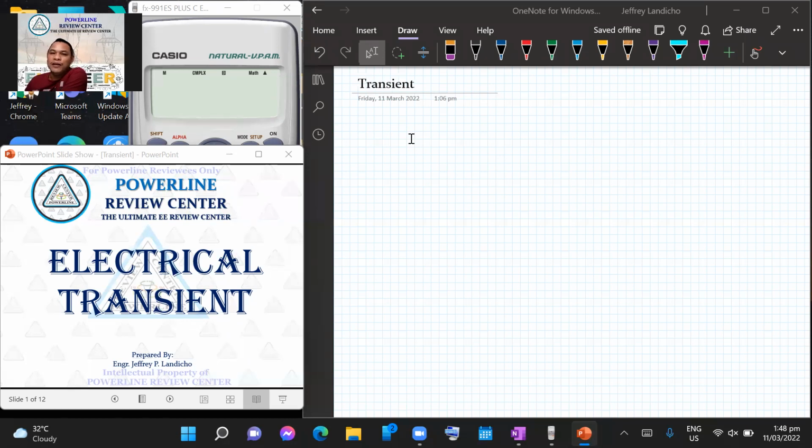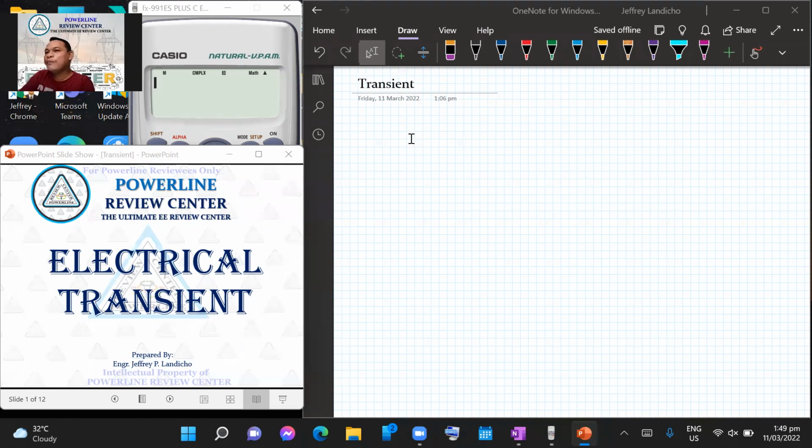Magnetic field. Yung ating capacitance can store energy in a form of electrostatic field. So therefore, every time that the given circuit contains inductance or capacitance, we may always encounter this electrical transient, o yung sudden changes in the state of the circuit due to energy of that particular parameters.